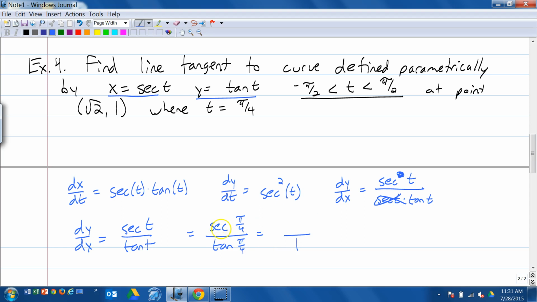Secant is 1 over cosine. So if cosine is root 2 over 2, secant is 2 over root 2, which simplifies to just root 2, because that'll cancel. So we get that the slope is root 2.